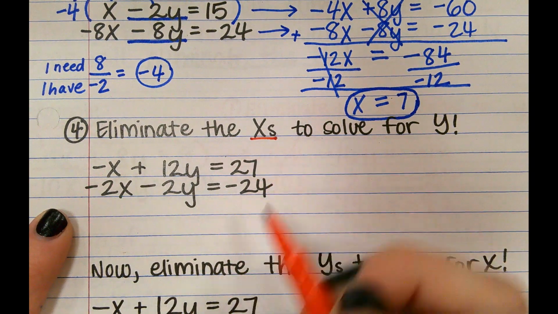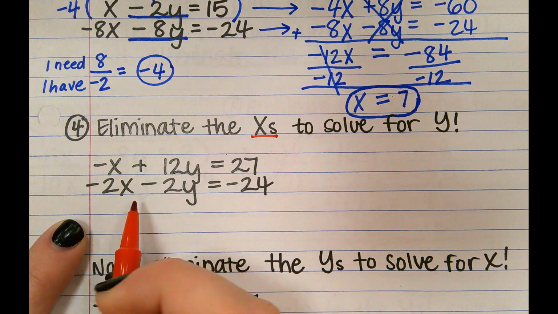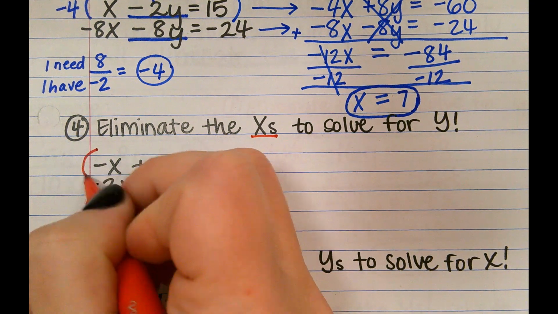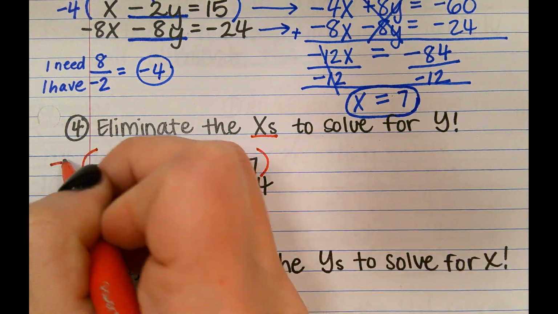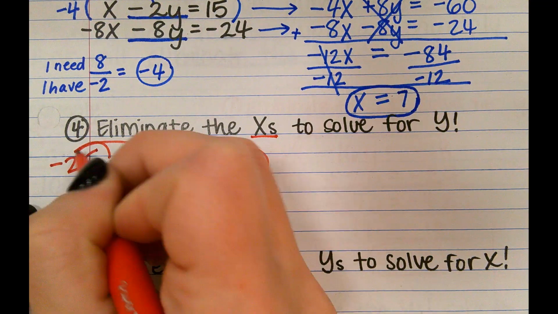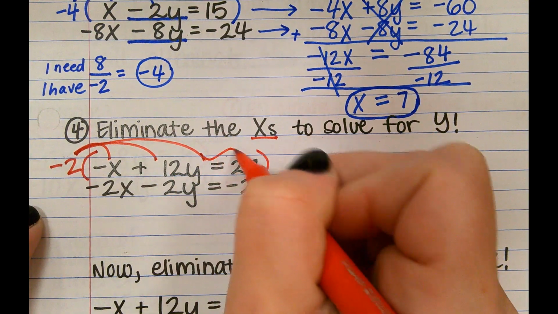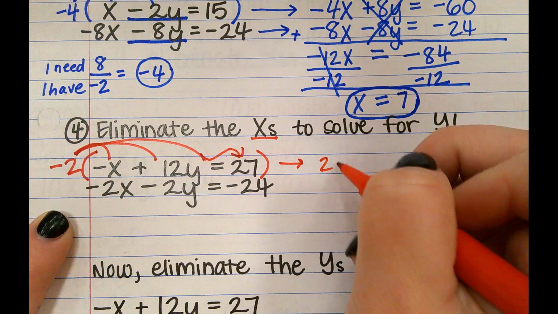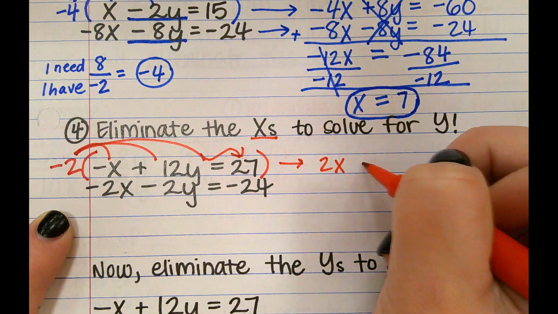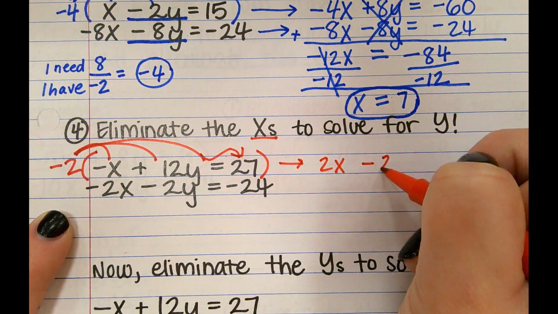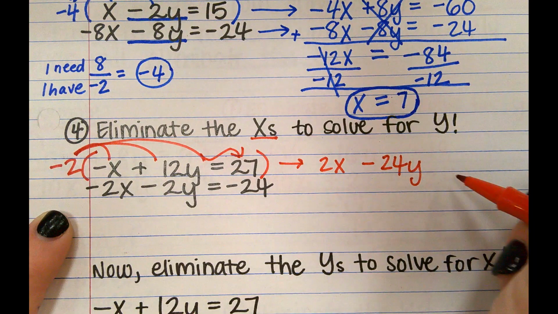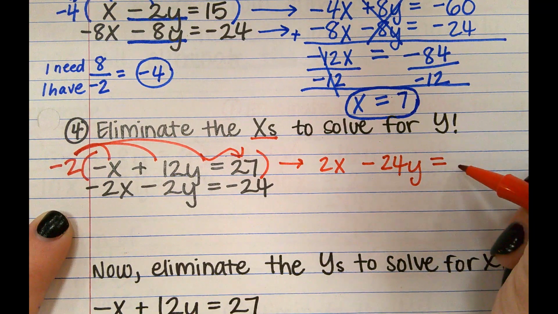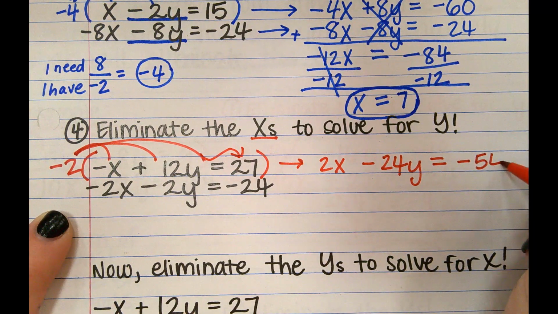Okay, so for one, I did the -2 and distributed it. Good. Then I got 2x minus 24y equals -54. Perfect.